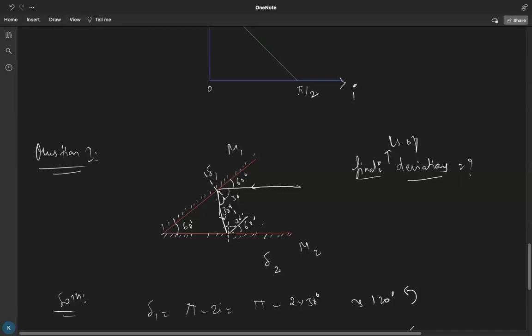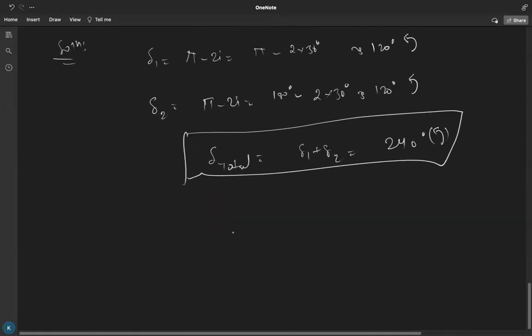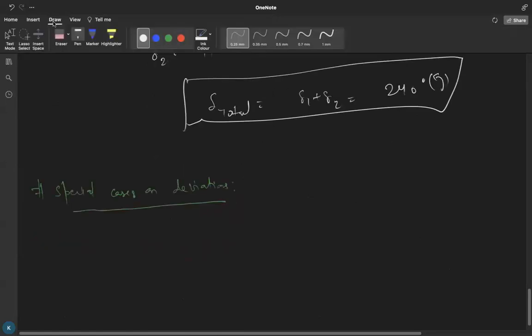Now what we have to do is take some special cases in deviations, right? So let's take special cases on deviations.